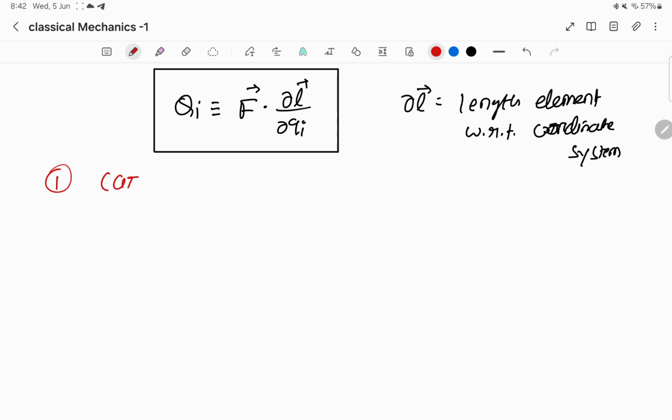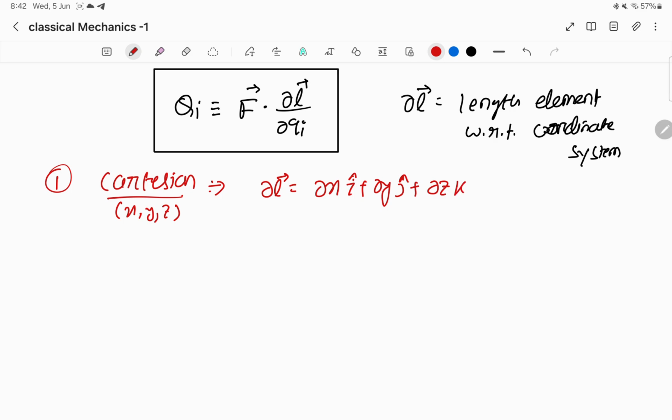First is my Cartesian. In the Cartesian coordinate system you have x, y, z as the parameters, so dou L will become dou x i cap, dou y j cap, dou z k cap. Similarly in the spherical coordinate system you have r, theta, phi.